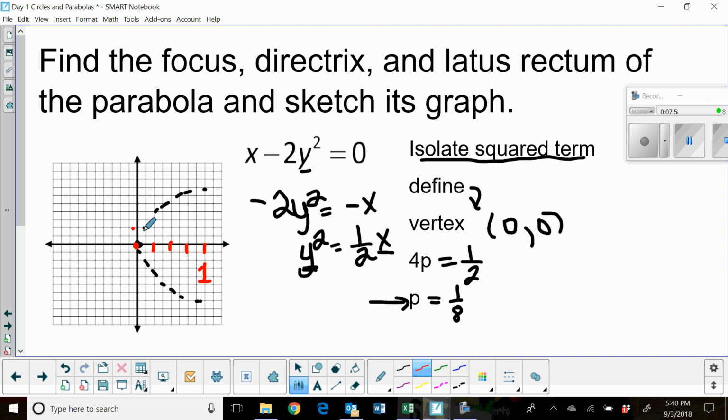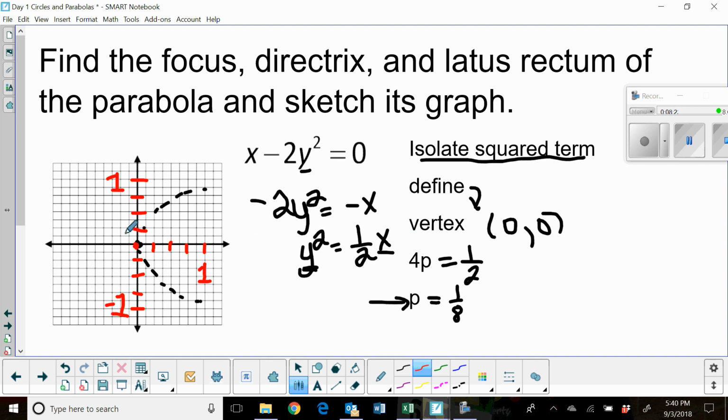So 1/8, 1/4, 3/8, 1/2, 5/8, 3/4, 7/8. This is going to be 1. And the same on the bottom: 1/4, 1/2, 3/4, and -1. Now, this should be easier to graph because we're kind of zoomed in.